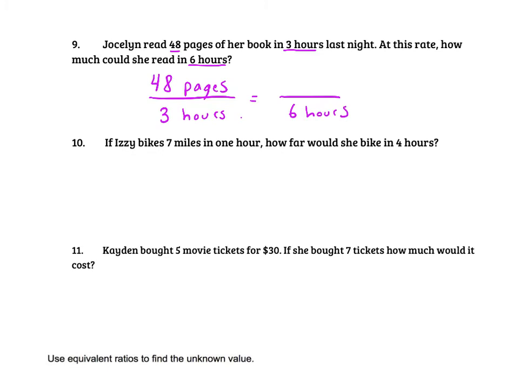You need to think, how can I get from 3 to 6? 3 times 2 is 6. Whatever I do to the bottom, I need to do to the top. So 48 times 2 is going to give me 96. So Jocelyn read 96 pages.